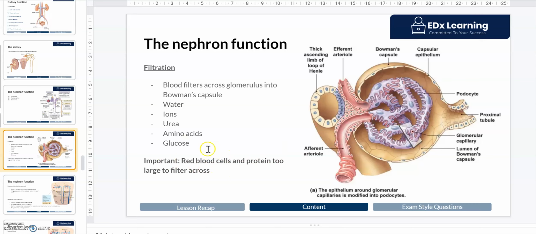And that makes sense because we don't see blood in our urine, which is going to be the end location of this filtrate. You also don't want too much protein moving out. And too much protein in the urine is a sign of dysfunction in filtration. And it could happen if the glomerulus is damaged as a result of diabetes or high blood pressure, for example.